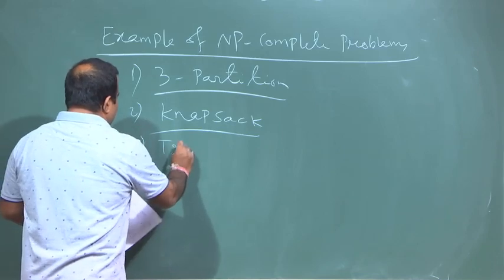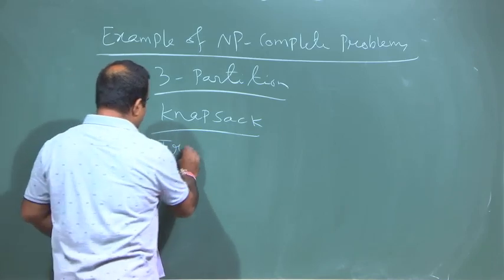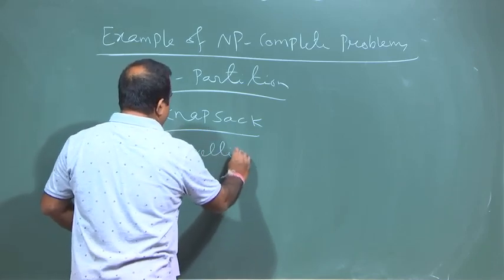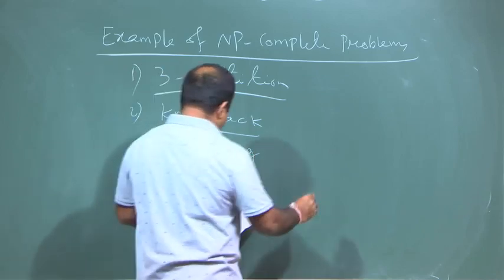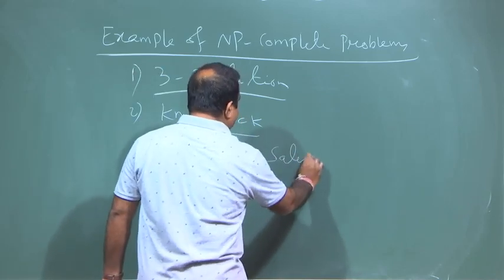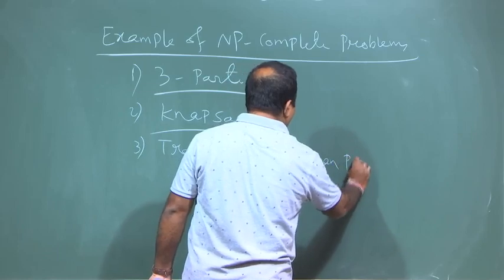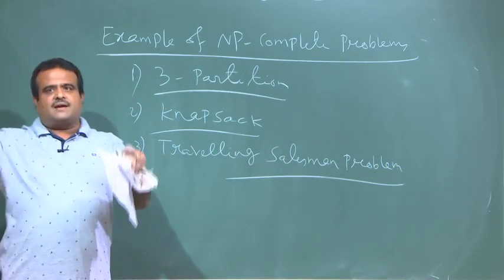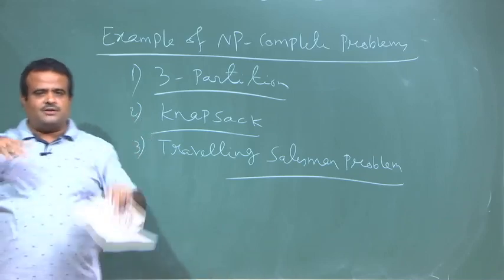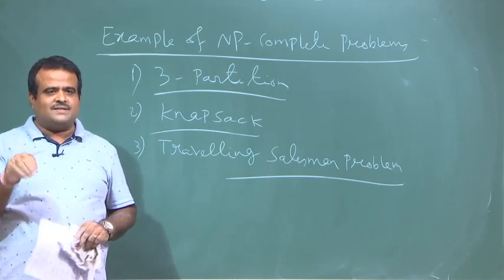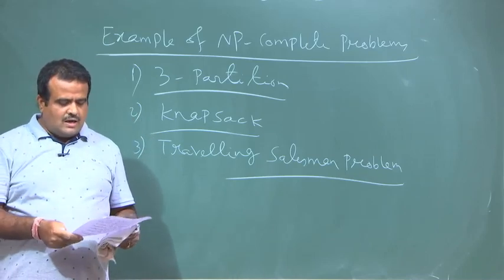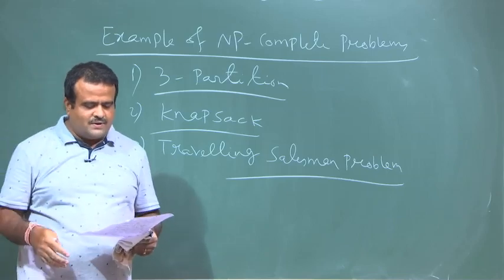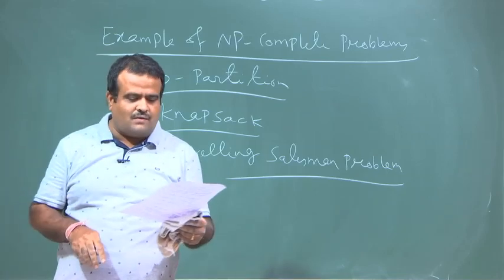Then the travelling salesman problem. We are given a graph with edge weights. A salesman has to travel and find the shortest path that visits all the vertices of the given graph.